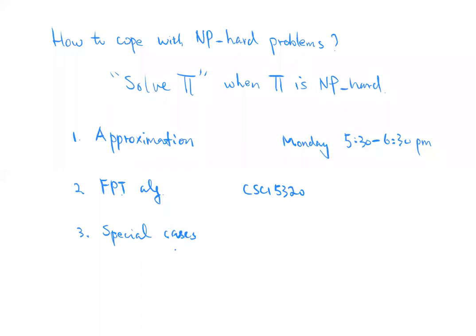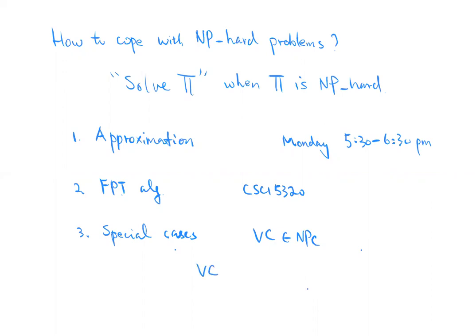In practice, when the problem is NP complete but we really need to solve it in our applications, maybe the input is really special. It's not a general case. For example, we know vertex cover is NP complete, but the graphs you need to deal with may be bipartite graphs.